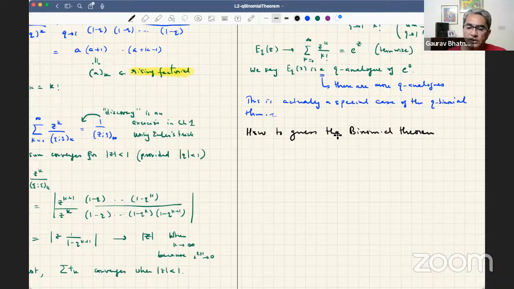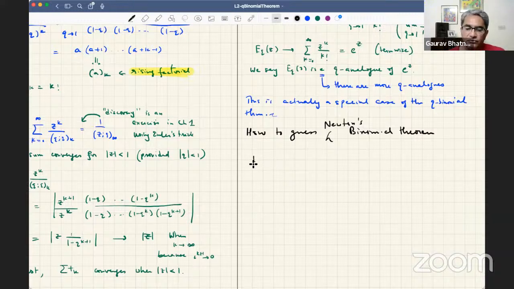I would say Newton's binomial theorem. And again, this kind of thinking is quite useful for us. So pay attention. Okay, so what are we doing?